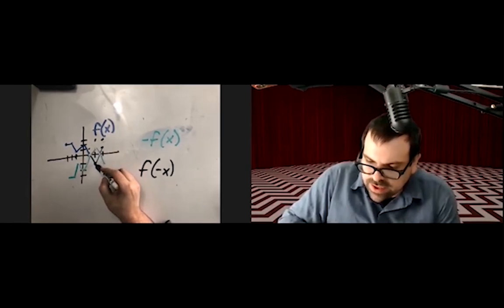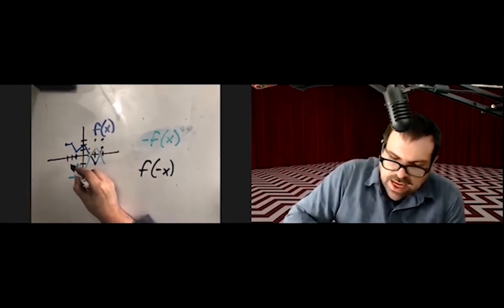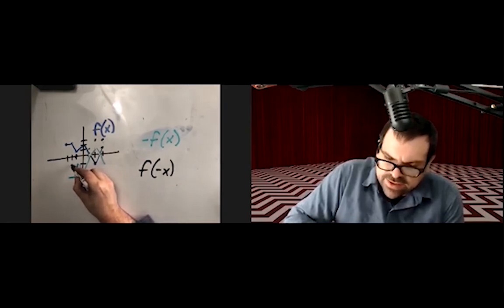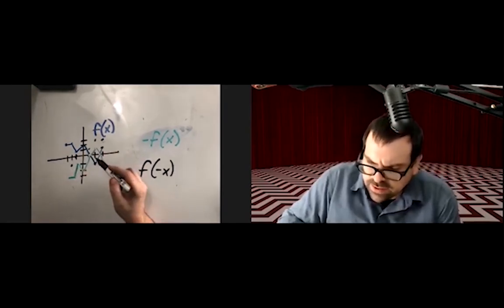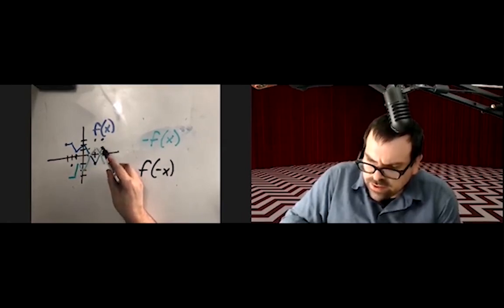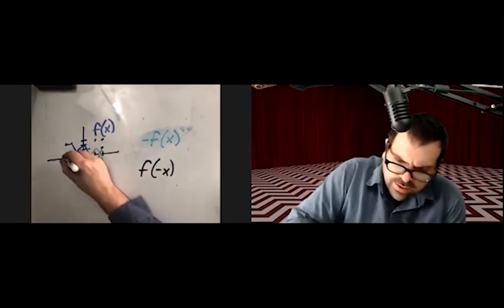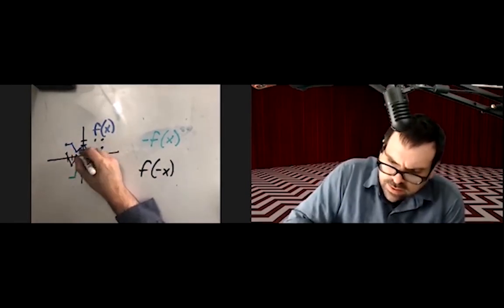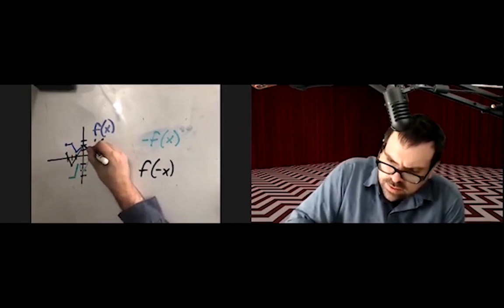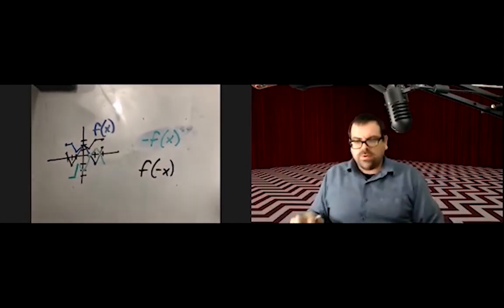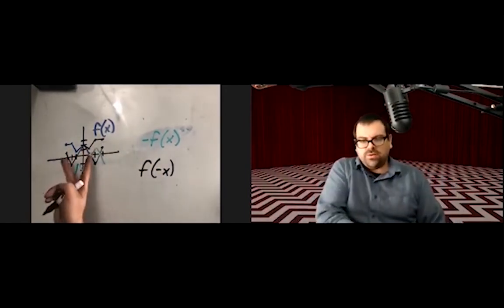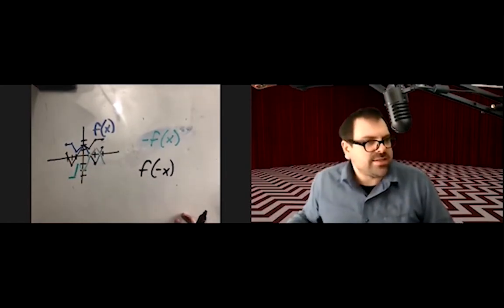Here, instead of 2, it's at -2. I'm glad I did it. This is hard this way. Here, instead of 1, or sorry, instead of 3, it's at -3. It's the blue one revolved around the x-axis.